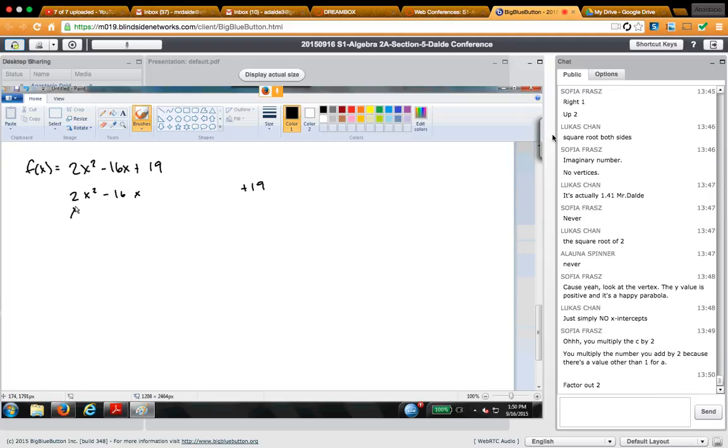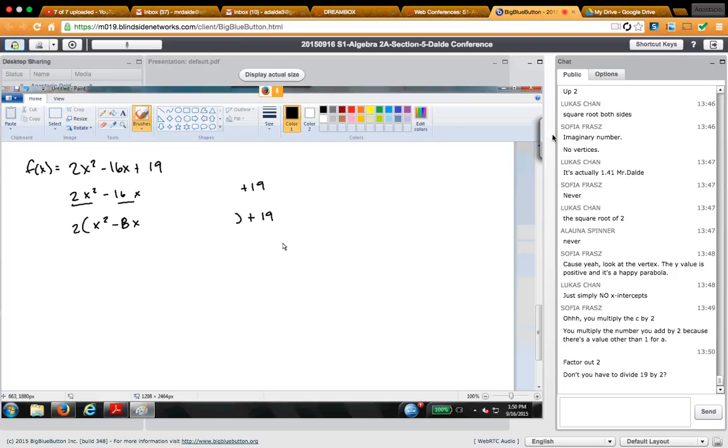You guys get it? So I'm going to take Sophia's suggestion. I'm going to factor out a 2. I'm going to divide this by 2 and divide this by 2. So I have 2 times x squared minus 8x plus 19.